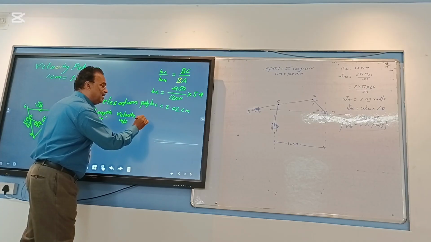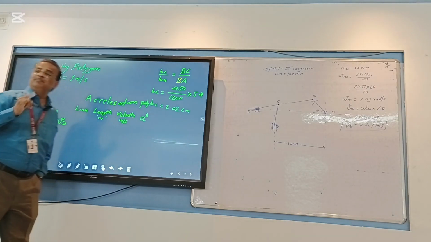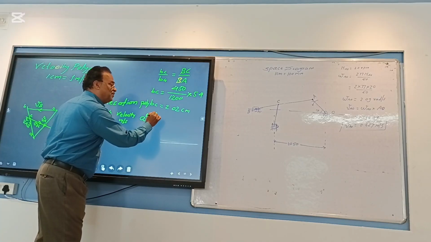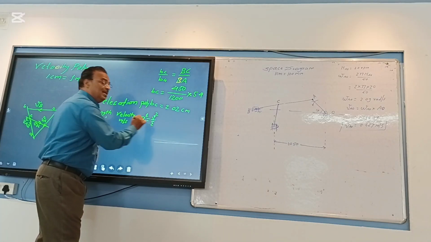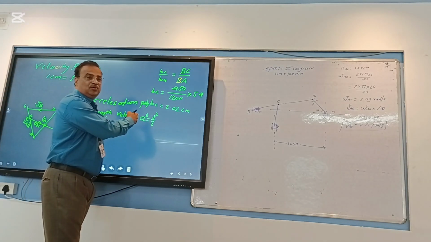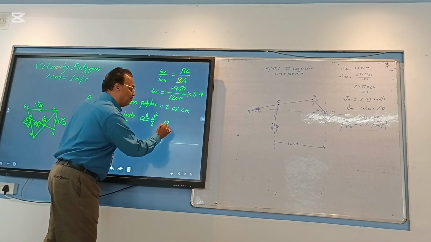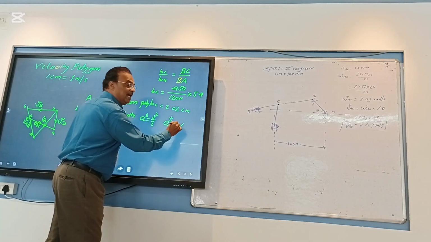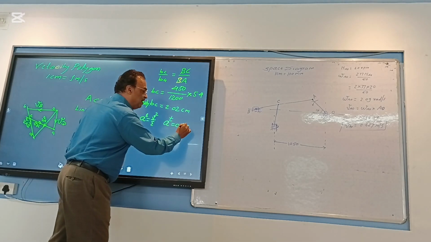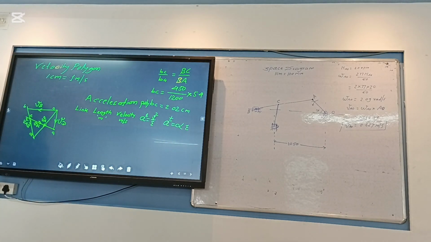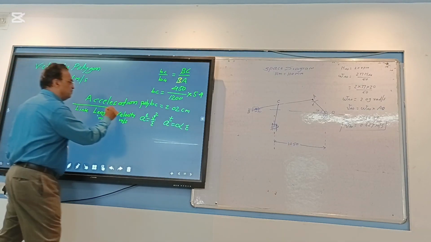First one is the radial, also called the centripetal component, given by velocity squared of that link divided by length of that link. The second component is the tangential component, given by angular acceleration alpha multiplied by radius of that link. These are the columns of your table needed before your acceleration diagram.